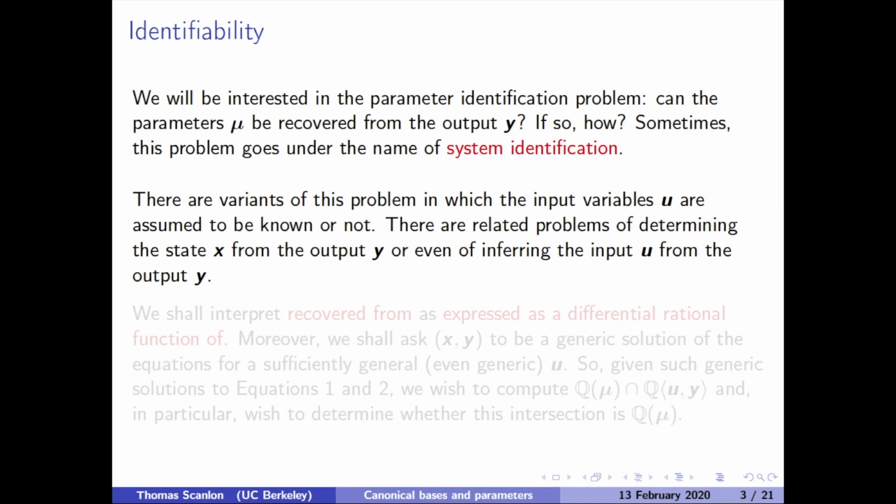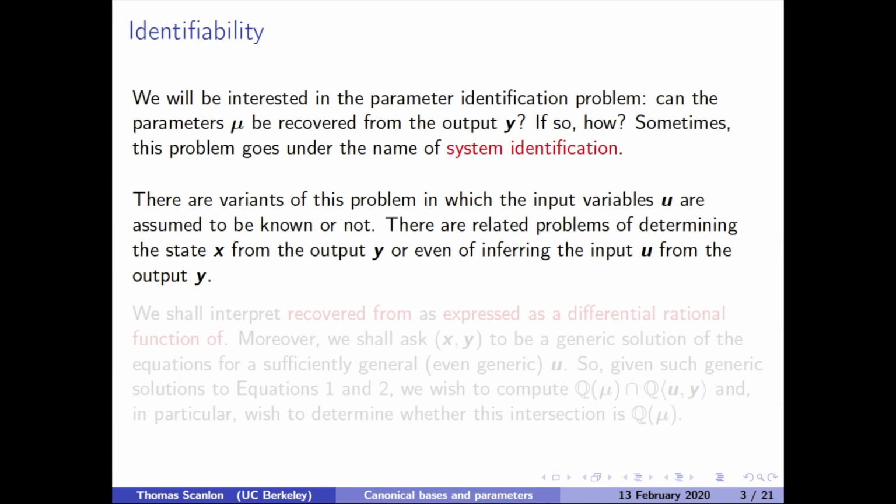The methods that I'm describing today could be applied to many of these other forms, although I'm just going to focus on the parameter identifiability for purposes of exposition. But you might want to know, well, can you tell what the input was, given that you know what the outputs are? Remember, the input was actually a sequence of functions. It's a differential variable, and that's a more complicated thing.